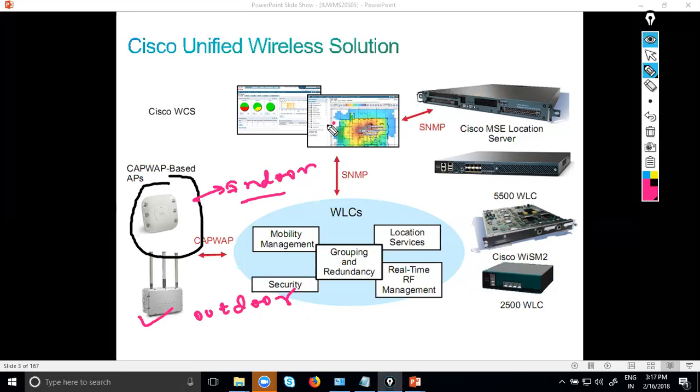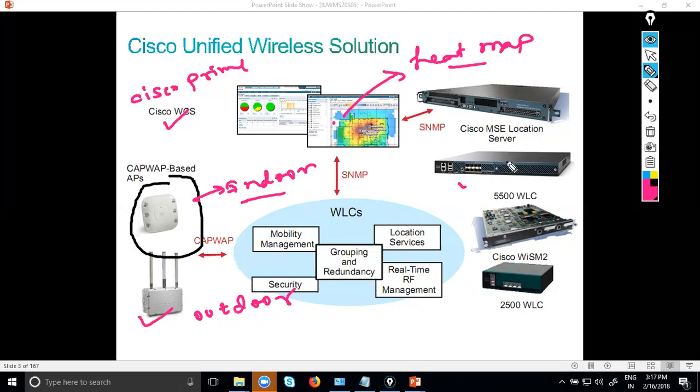This is your Cisco WCS, which has now been replaced with Cisco Prime Infrastructure. And then we have this heat map that we can achieve inside Cisco Prime Infrastructure. Once your AP is located and powered on, it will show how its signal is spreading in the campus, so you can have an overall view of the Wi-Fi for your company.